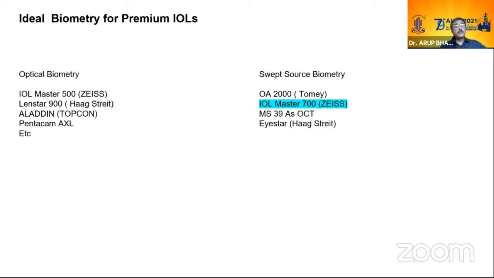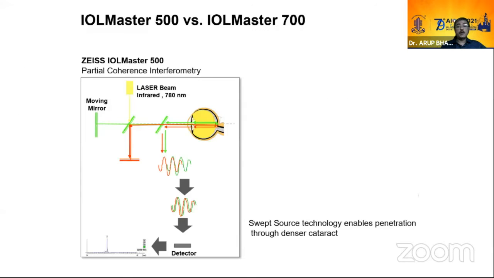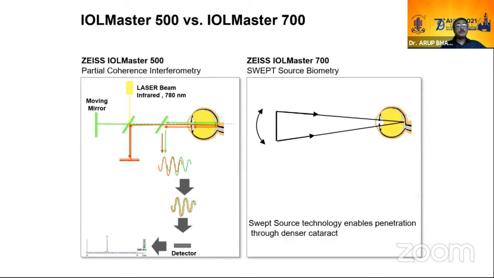These are optical biometers using an infrared source, and the available Alcon platform has the IOLMaster 500, which is optical biometry, and swept source biometry is the IOLMaster 700, which I have been using for more than 1.5 years. The principle of the IOLMaster 500 is partial coherence interferometry.